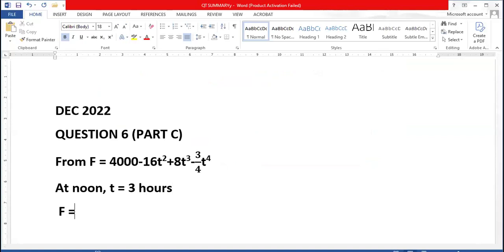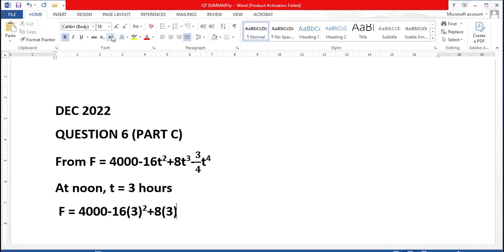3 hours at noon. Substitute and get F. We need F at noon, so t will be 3. Where there is t, put 3. Do you have your marks? You cannot figure out this, you cannot pass.